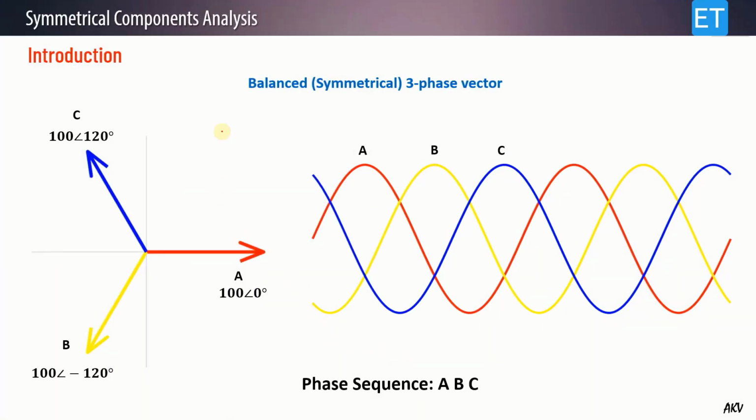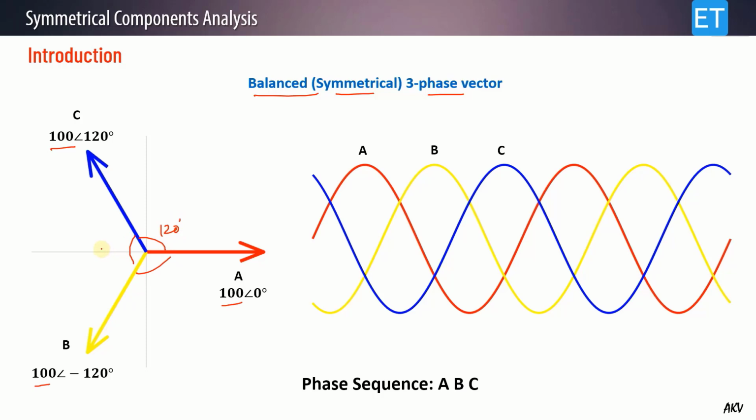Here is one example of a balanced, symmetrical three-phase vector. Balanced means all three vectors have equal magnitude, for example 100 in this case, and they also have equal angles between them.